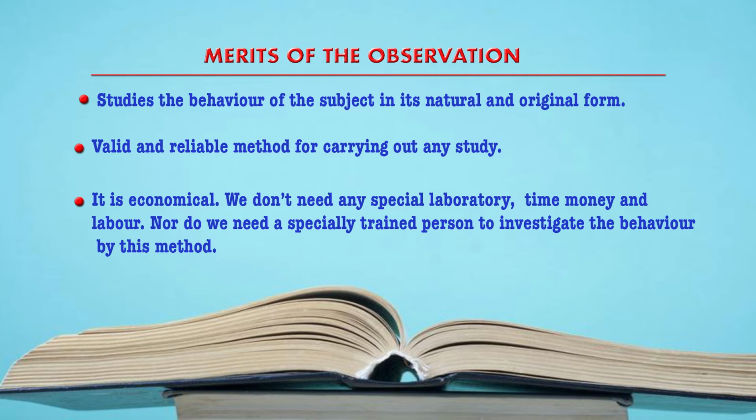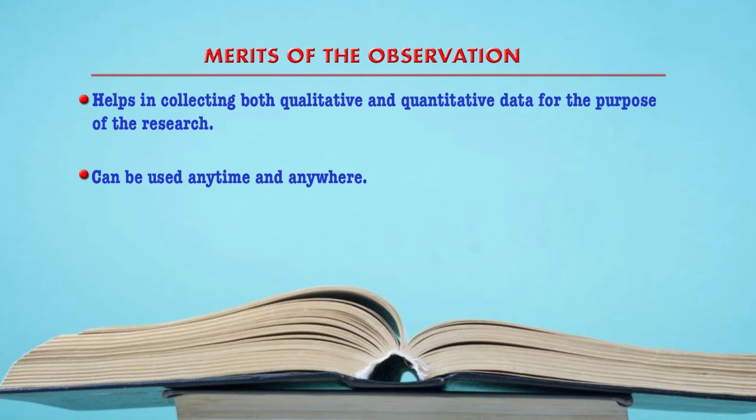But yes, we need a specially trained person to investigate behavior with this method. It helps in collecting both qualitative and quantitative data, which you can use for your research. You can use this observation method anywhere, anytime. This makes it quite useful. These are the merits of observation.